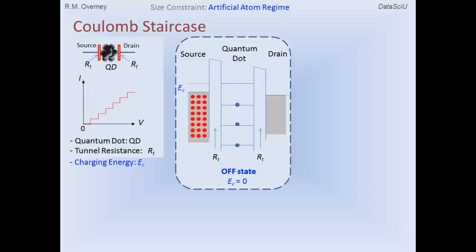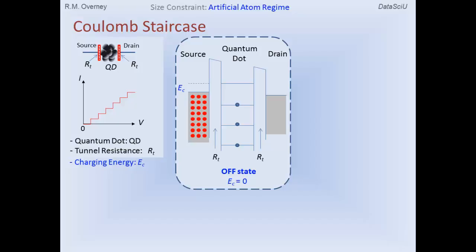Coupling a metal source through a tunnel junction with a quantum dot, as depicted here, electrons will tunnel onto the dot until all energy levels that are exceeded by the highest energy level of the electrode source are filled.